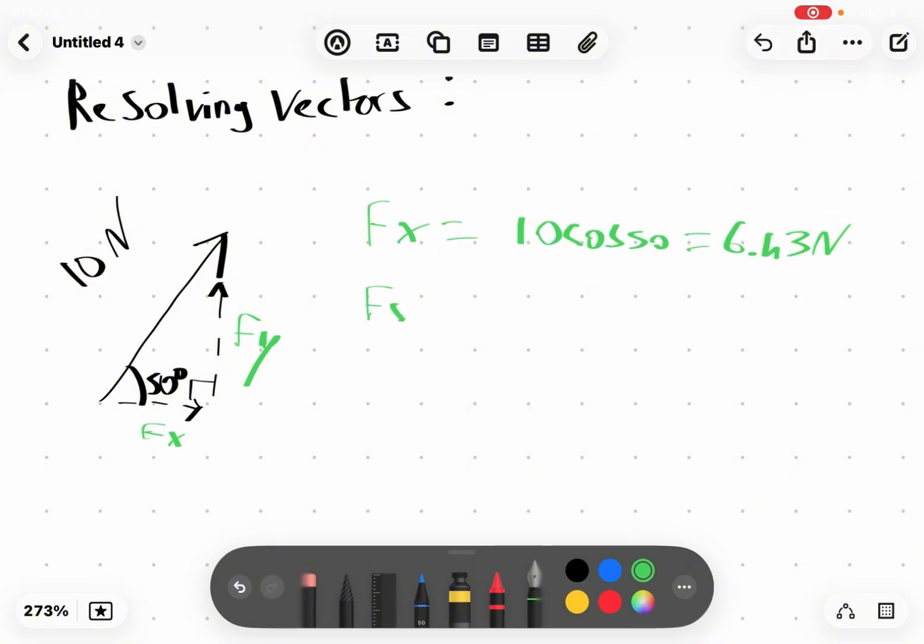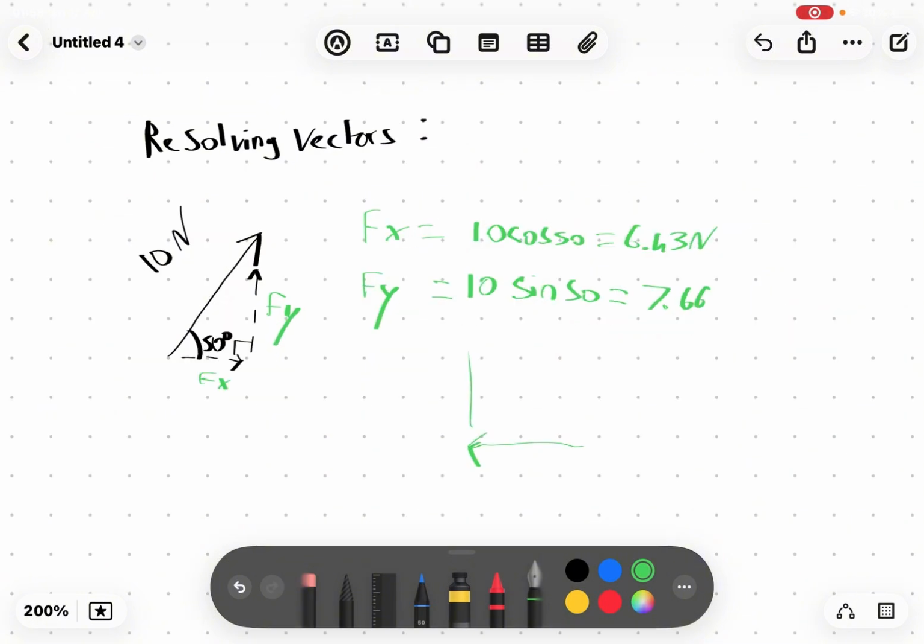Then for Fy, it would be 10 sine 50, which will be 7.66. The arrows have to go like this. They can't be like this. Remember that they're separate.